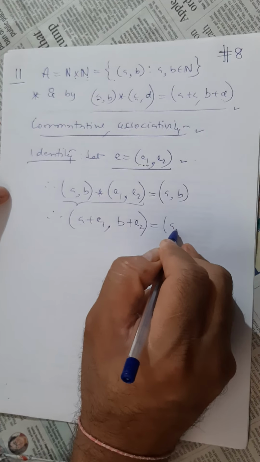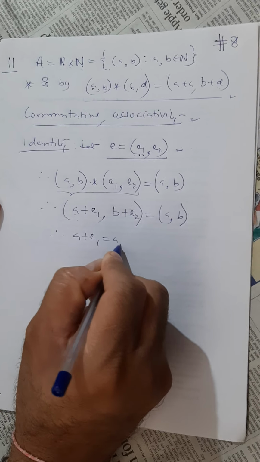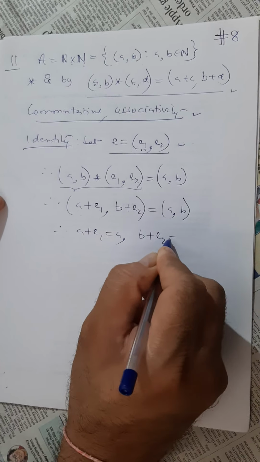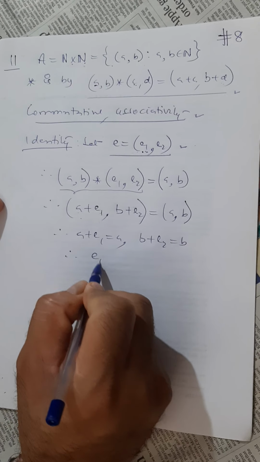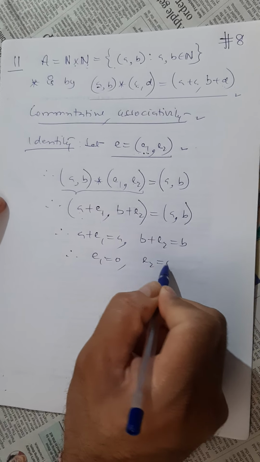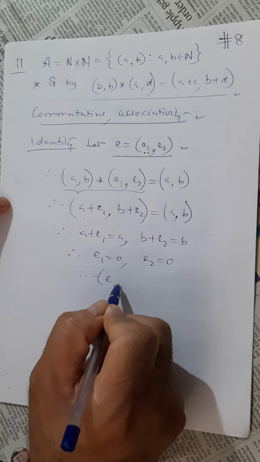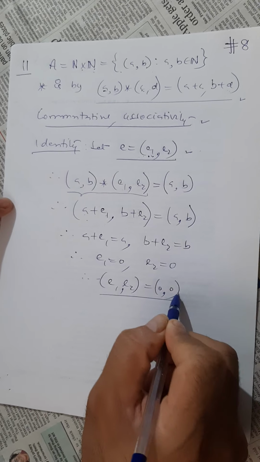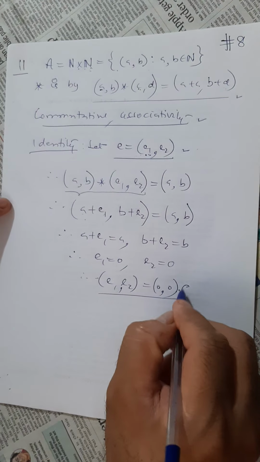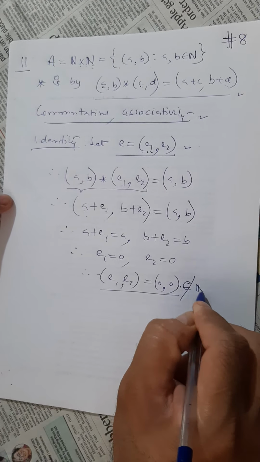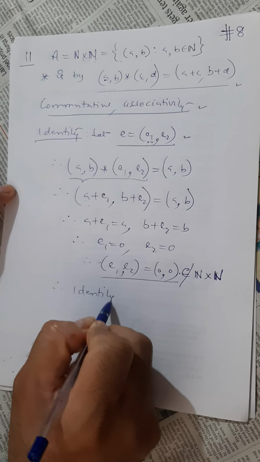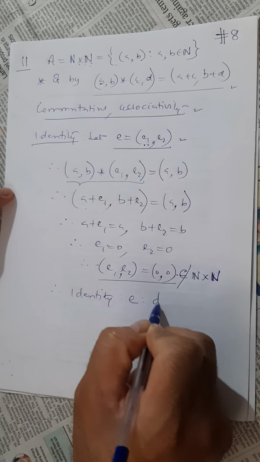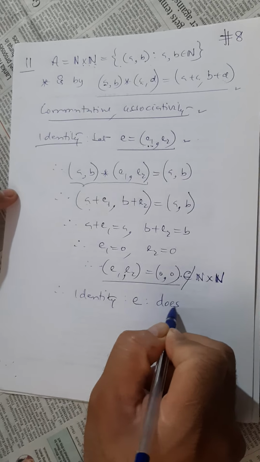Now you compare them. So A plus E1 equals A, B plus E2 has to be B. So we get E1 equals 0, E2 equals 0. So (E1, E2) is (0, 0). But this is not in N cross N, remember. So here again we say that identity E does not exist.